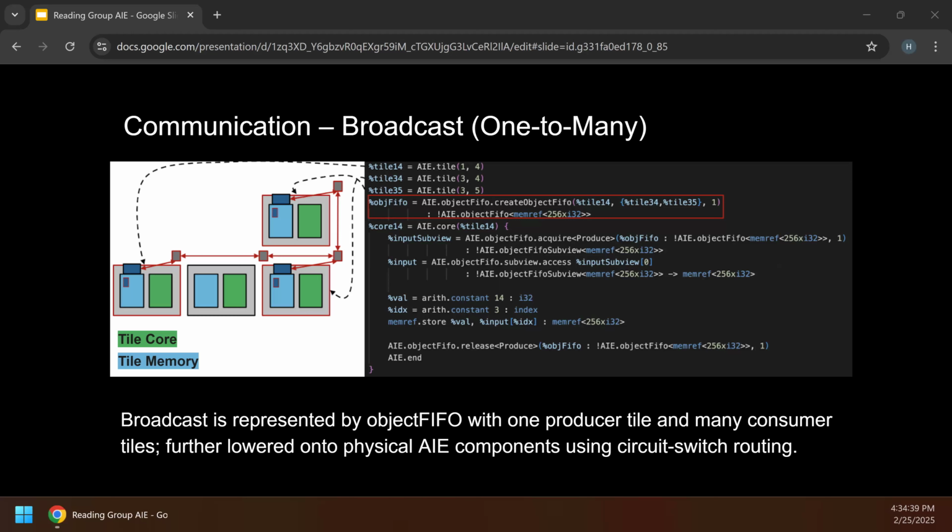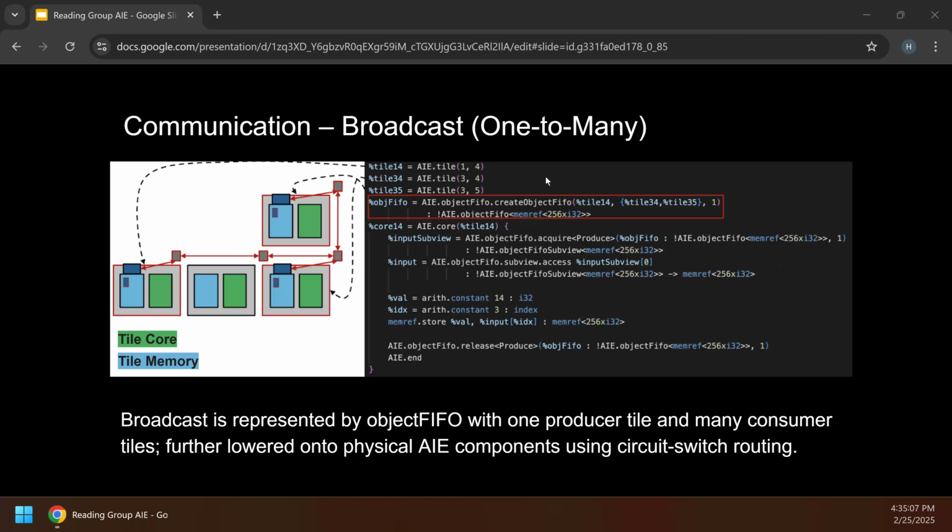So is the packet duplicated? In this example, will tile 34 and 35 both receive 14? Let's say the first time that tile 14 produces something.